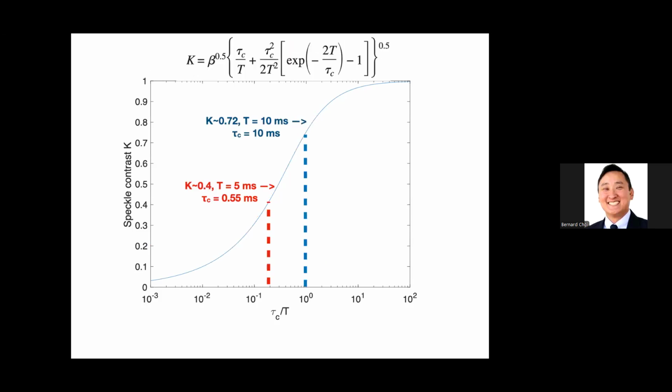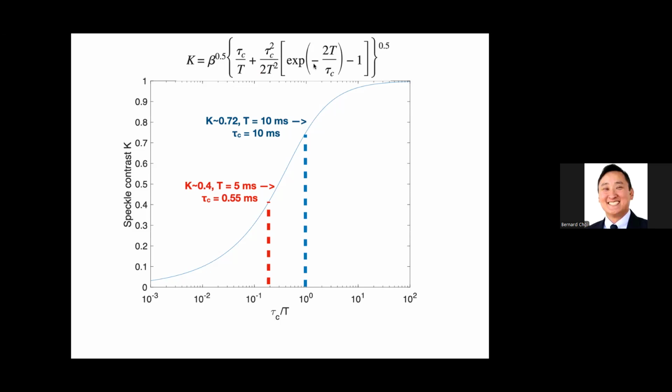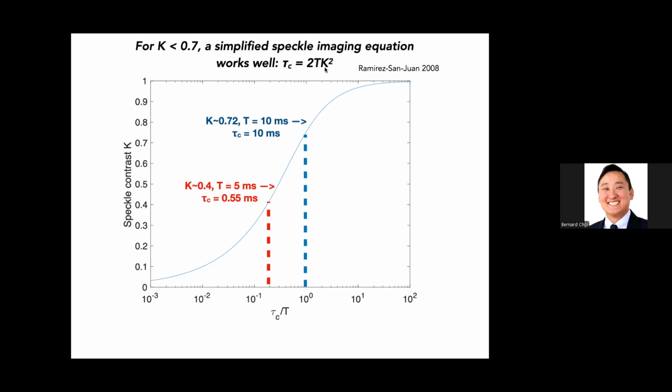Okay, and this is the main equation, once again, just to show it here. And Christian talked about the simplified equation. What we showed, this is 16 years ago now: if you work at a certain contrast range, you can just do a pretty quick fit. So instead of having to solve this equation right here, or use a lookup table or what have you, you can do this, which you could calculate ridiculously fast.